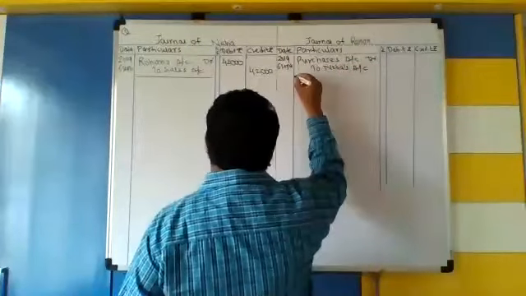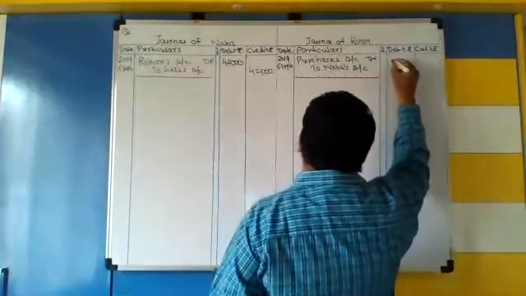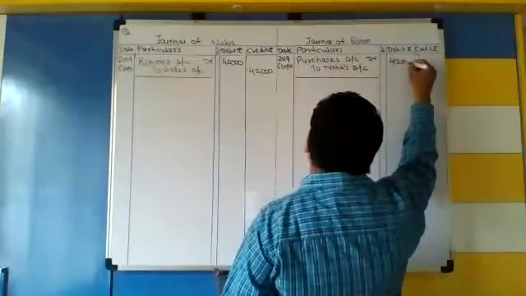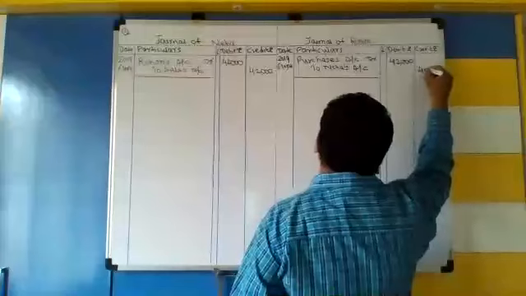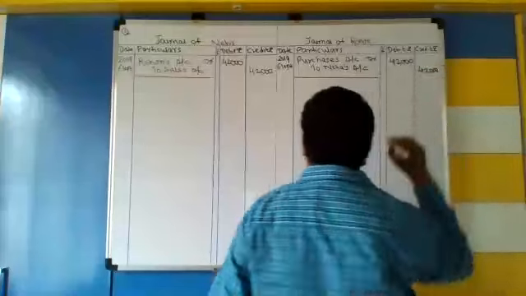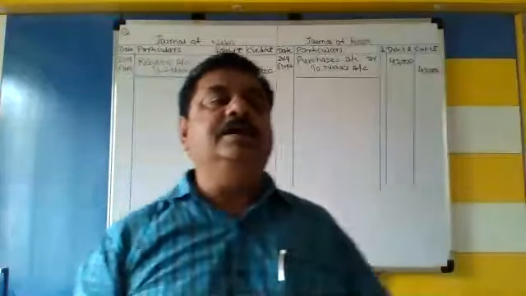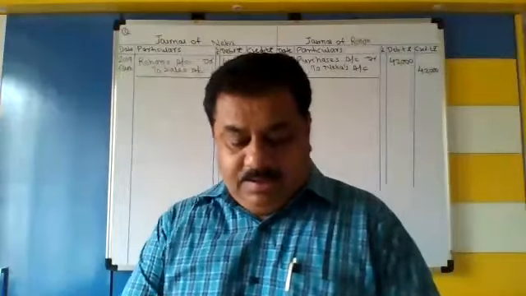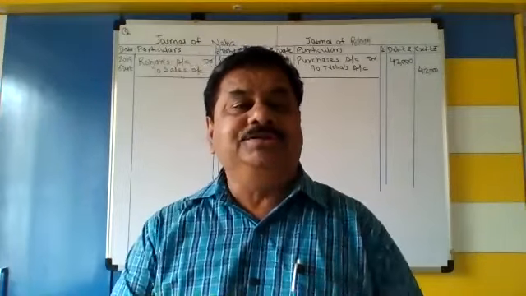I will tell the narration, don't worry. The amount is the same, 42,000. So for Neha, these are sales, and for Rohan, these are purchases.